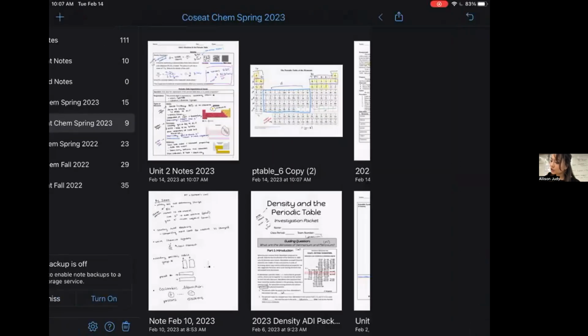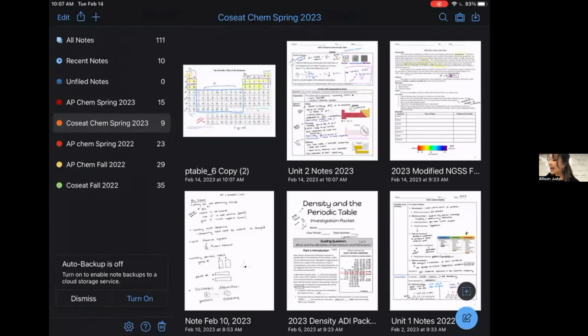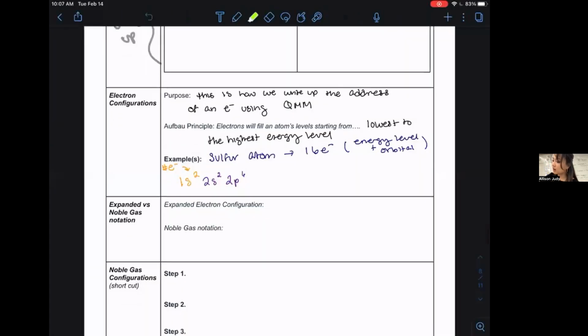So my electron configuration, my address based on the quantum mechanical model, becomes 3s2, 3p4. Notice my address builds just like how I fill my electrons. I start low and I fill up. And notice 2 plus 2 plus 6 plus 2 plus 4 is equal to 16 electrons.